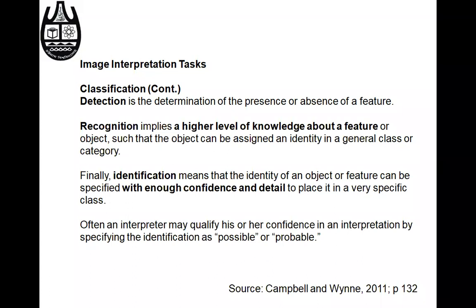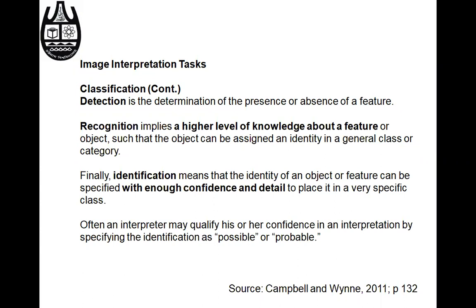That means a higher level of knowledge about this particular object, and you want to identify a general class. For example, whether it is water or land, whether it is a building or something else. So the second step: first you found this object is present or absent, and then if present, what type of thing it is. You found that maybe it is a water body, for example.